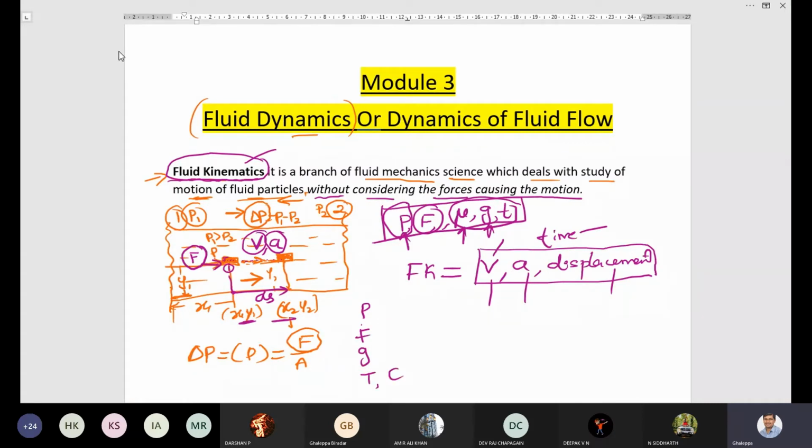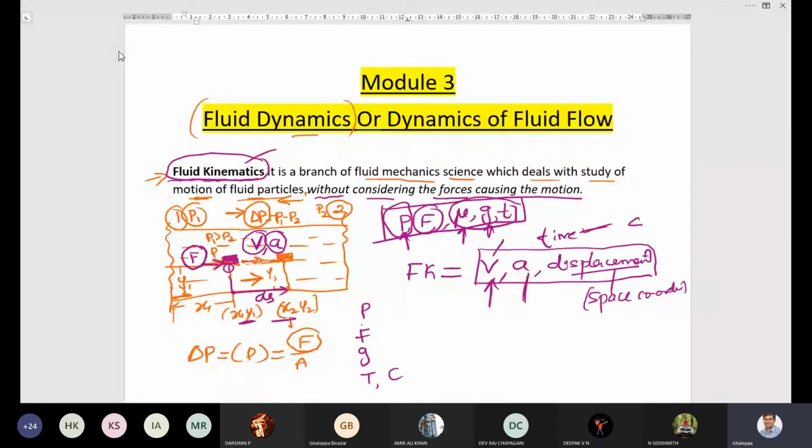There are many types of forces acting on the fluid particle, and all forces will be considered in fluid dynamics. Understood the difference between fluid kinematics and fluid dynamics? In fluid kinematics, we studied only the properties of the fluid: velocity, acceleration, displacement, or space coordinates, and time.